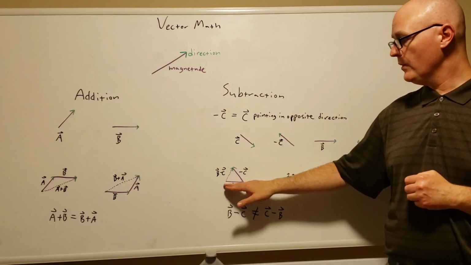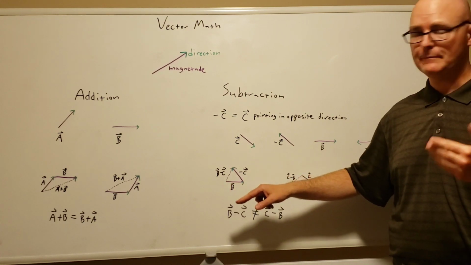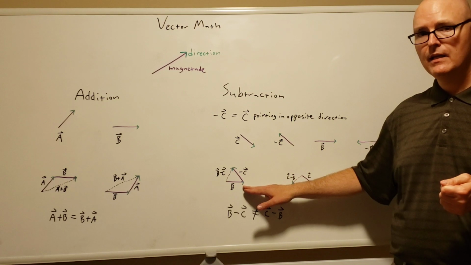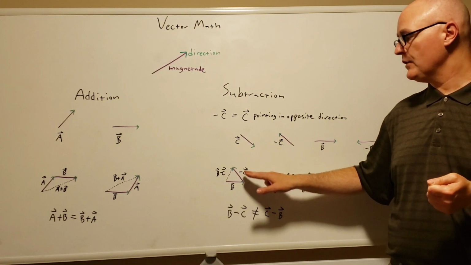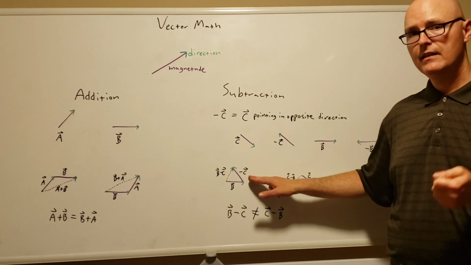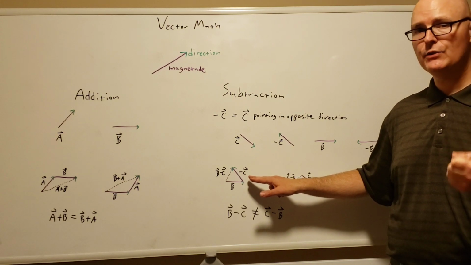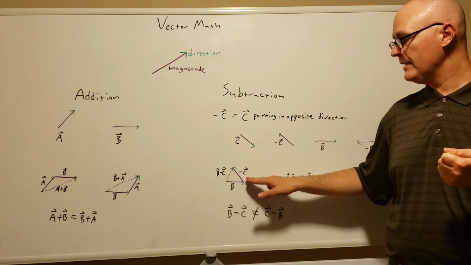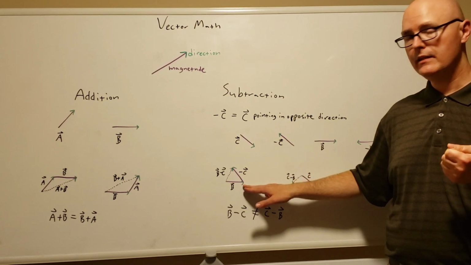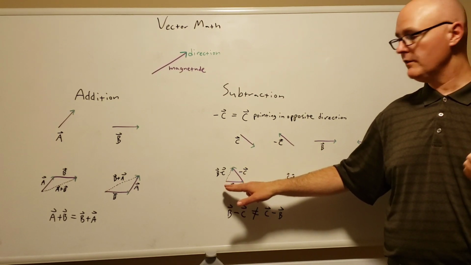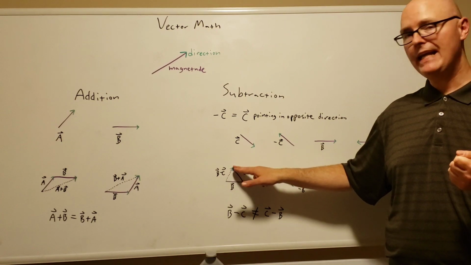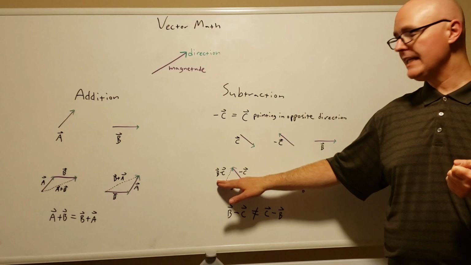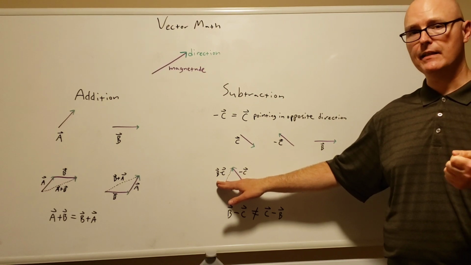So if I start at the origin, now we want to look at B minus C. I draw my vector B, and I'm going to attach the tail of negative C to the head of B, draw my resulting vector from the origin to the head of vector negative C, that gives me B minus C.